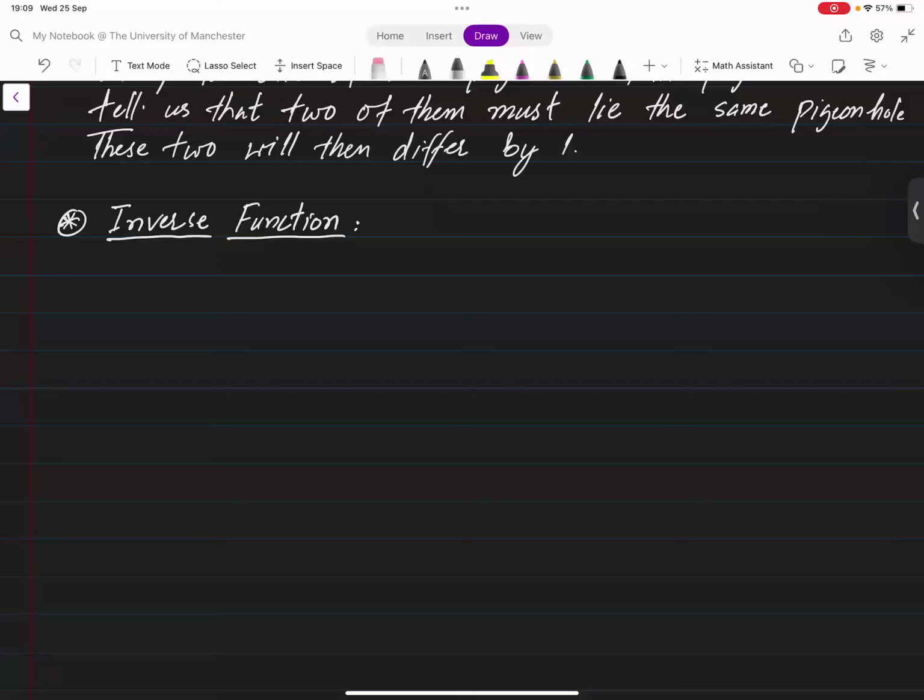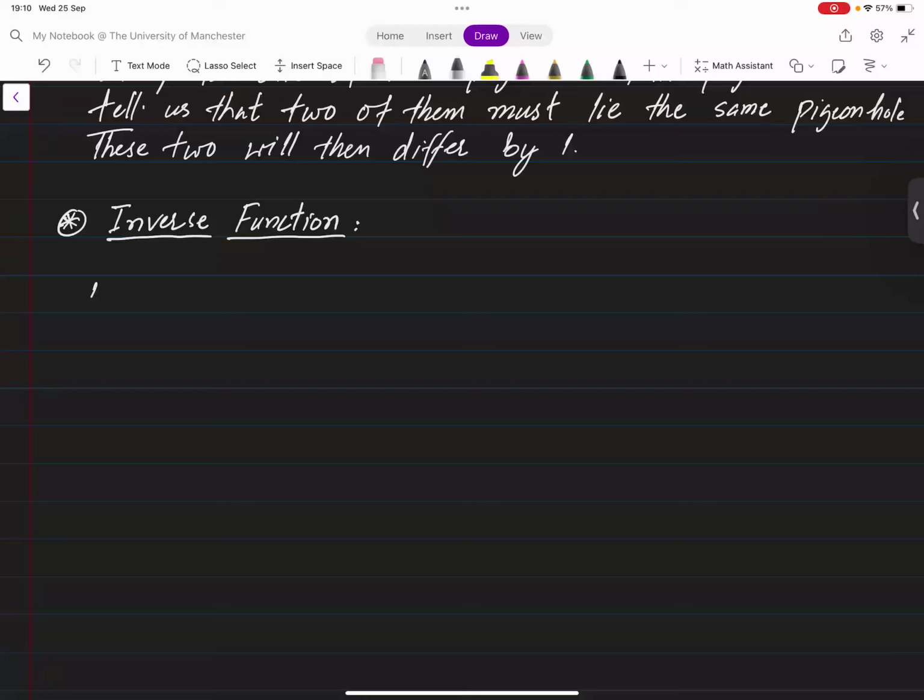Under what circumstances can we define an inverse function? Basically, to define an inverse function, we need f to be onto and f to be 1-to-1. And then we can define it.